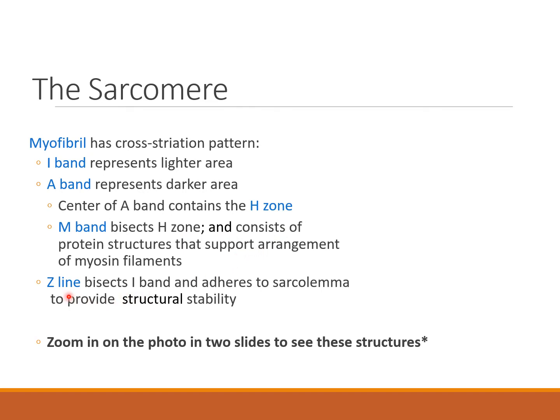The Z line bisects the I band and adheres to the sarcolemma to provide structural stability. If you zoom in to the photo in 2 slides from now, you'll see these structures. These are just good structures to familiarize yourself with so that you know what you're dealing with when you're looking at the sliding filament theory, which we'll talk about later in this chapter.